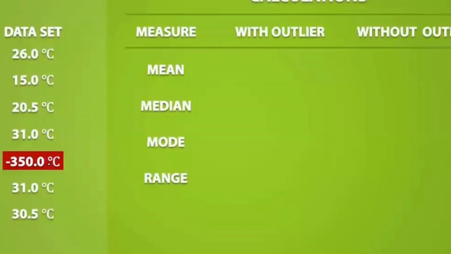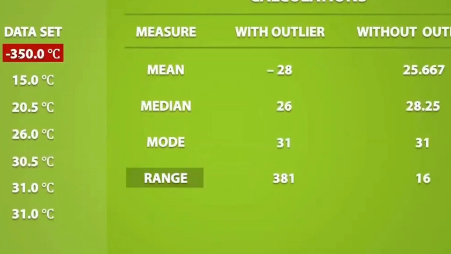Right? Now, for this data set, please calculate the mean with the outlier. Include the outlier and calculate the mean. It is minus 28. Now remove this outlier and calculate the mean. It is 25.66.